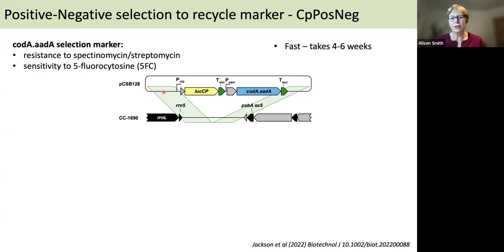These two regions in the green shaded boxes are the homologous regions present in this plasmid, which enables homologous recombination to take place. Within these regions, we've inserted luciferase, which is a reporter enzyme. This is what we use to measure the efficiency of translation, or transcription and translation, in our modified strains.